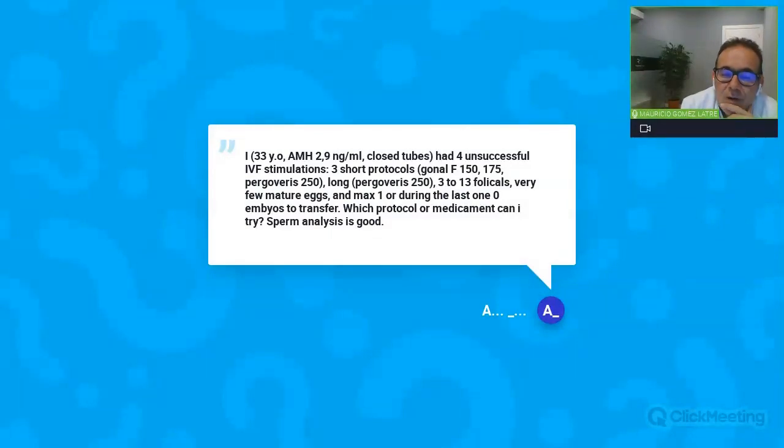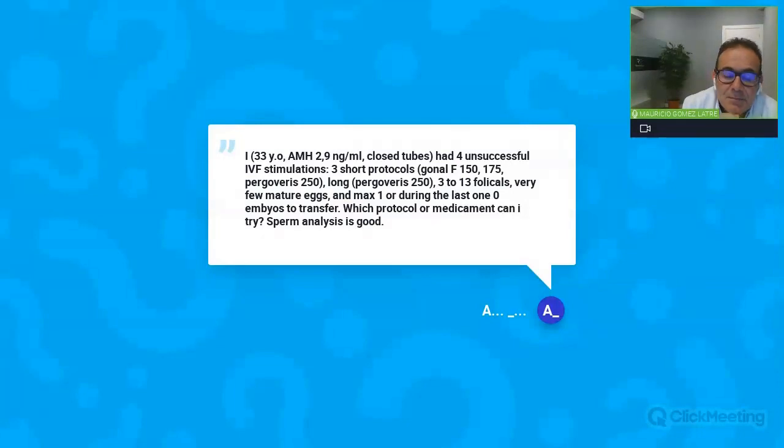That's why there is a possibility to study the polymorphism of the FSH receptor. This is a blood test that any laboratory can do in order to see if there is any disorder in these receptors that makes this patient especially sensitive or resistant to any concrete kind of gonadotrophin.